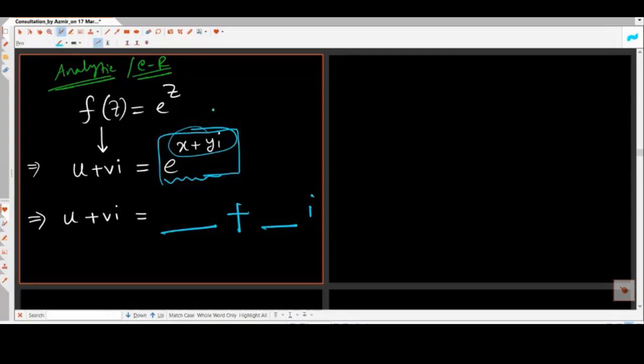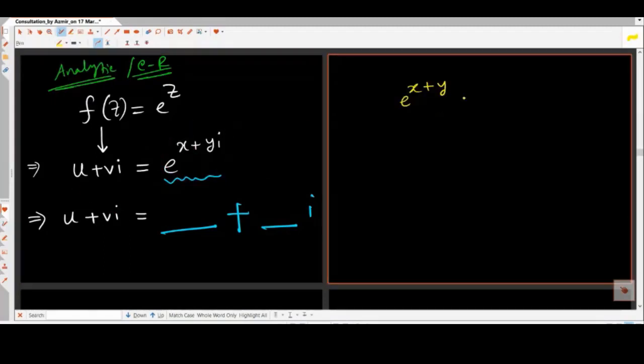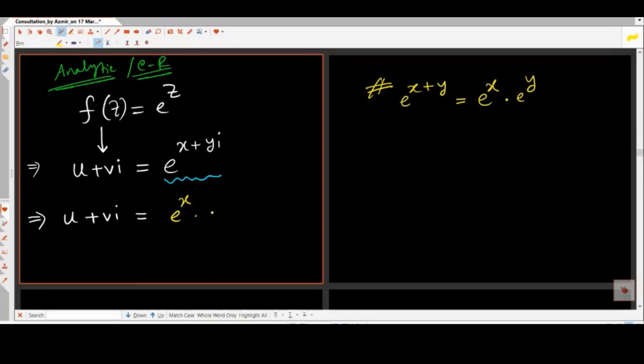So that means we need to think about the property of exponential function. So we know that e to the x plus y can be written as e to the x times e to the y. So using this property, we can write here e power x times e power yi.